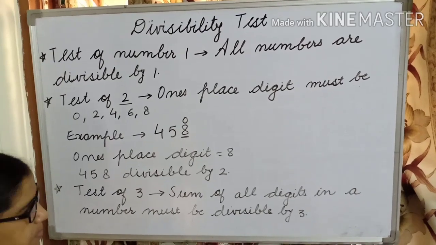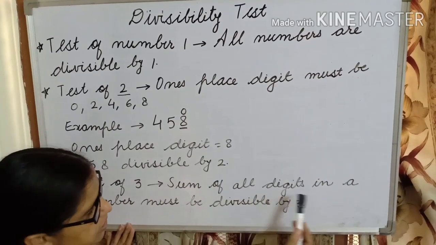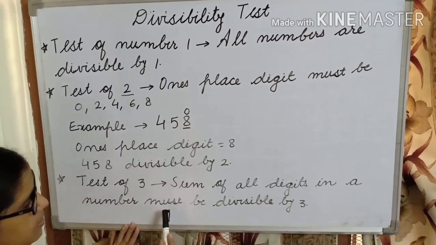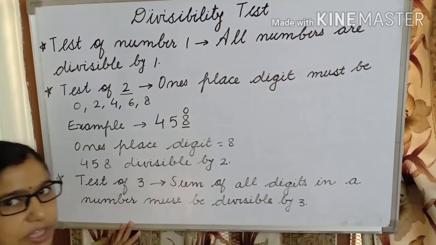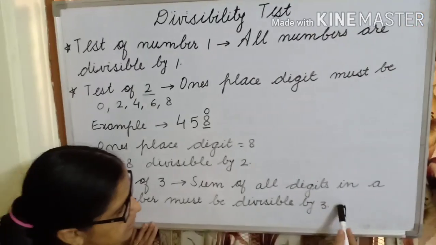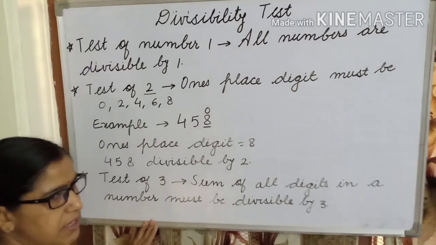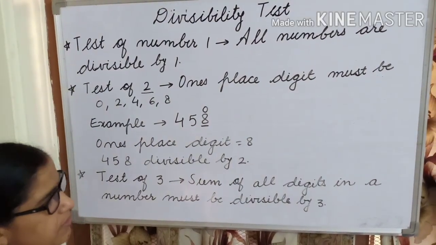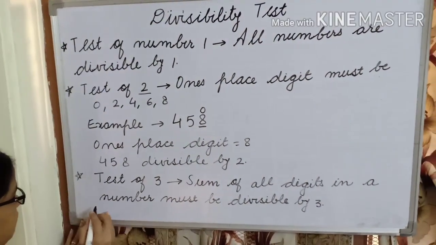Understand this one again. Sum of all digits in a number must be divisible by 3. If this condition is satisfied, then the number will be divisible. Otherwise that number will not be divisible. Now you will see an example.